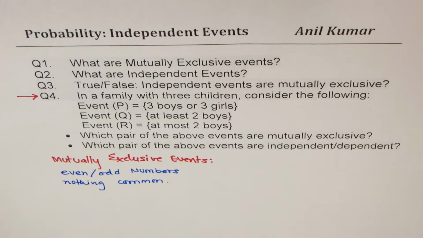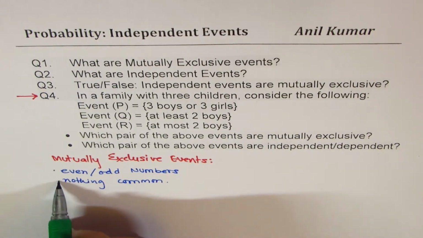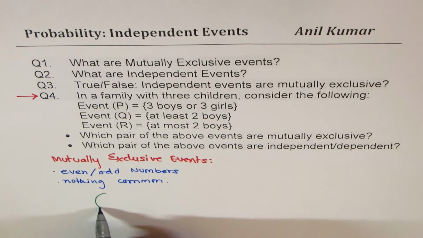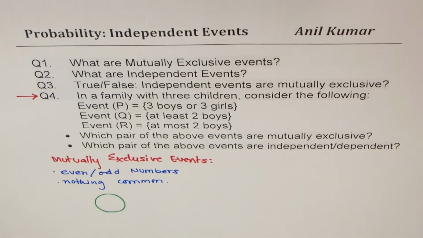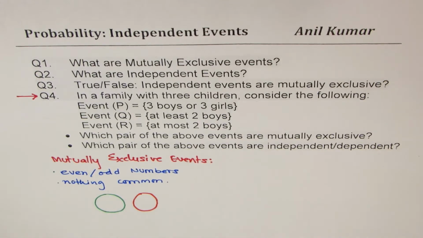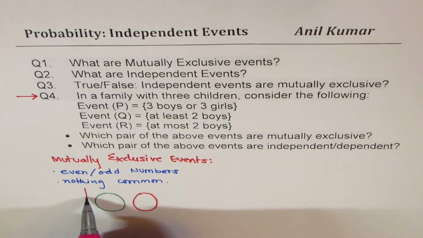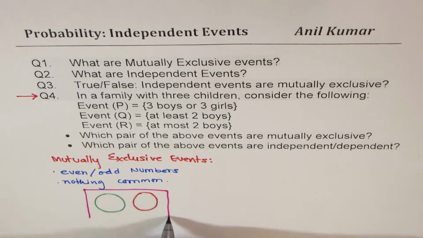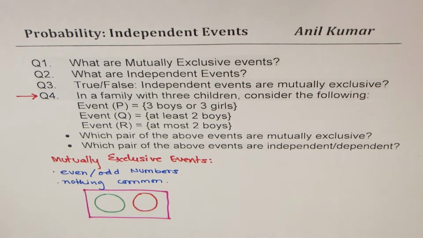We also represent these events with the help of Venn diagrams. We say, well, if we have the events kind of like this, and the two events are kind of like this, they are mutually exclusive, right? So these are mutually exclusive events.